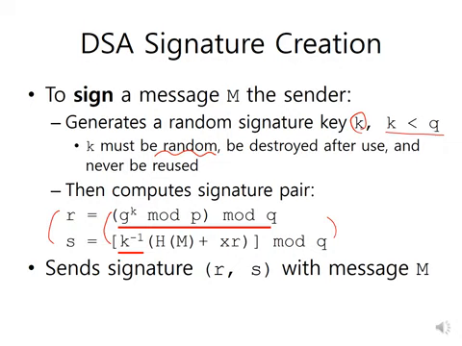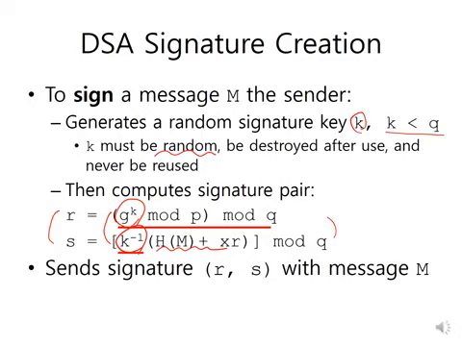Which part is message dependent and which part is not message dependent? This is the message dependent part, right? G to the K and K inverse are the message independent part.